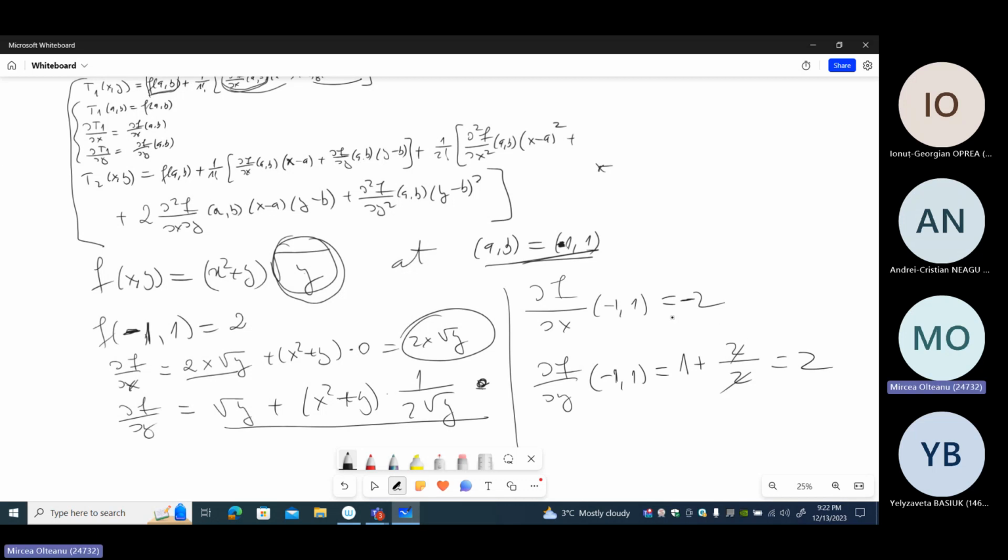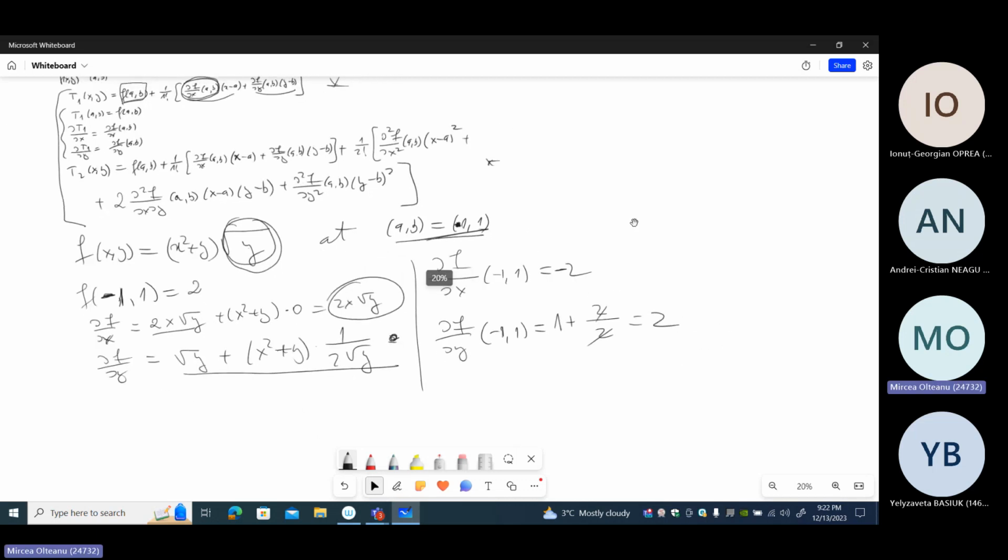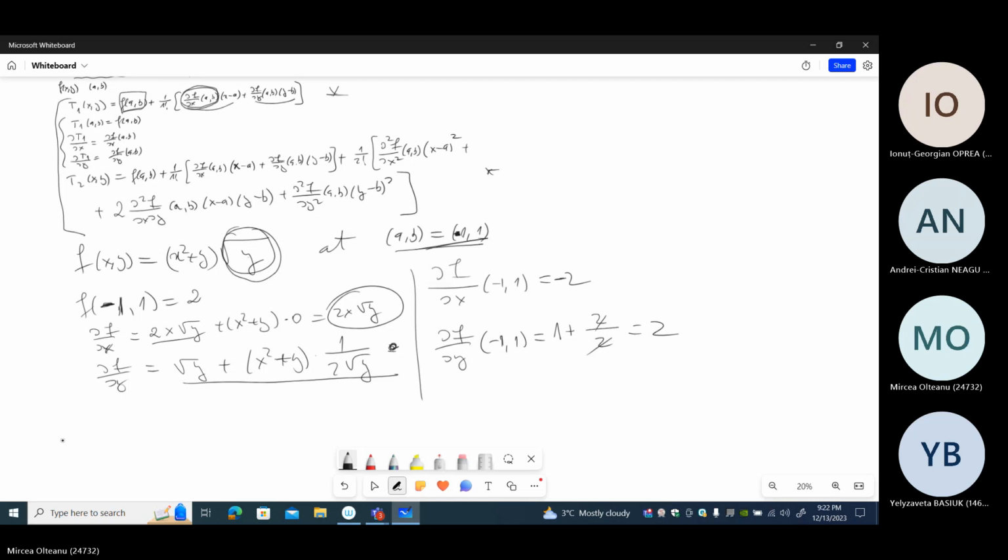And now we can write the linear approximation of f. The Taylor polynomial of first degree. The formula is written here, yes? T1, that means f of (a,b), all we needed are written here.